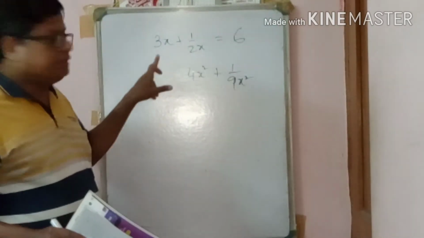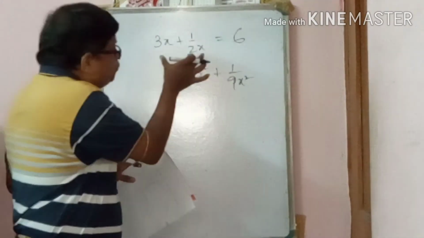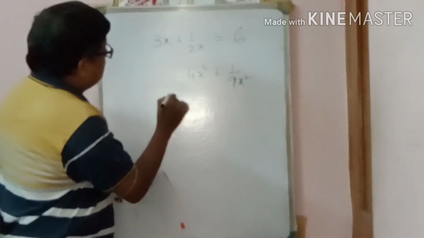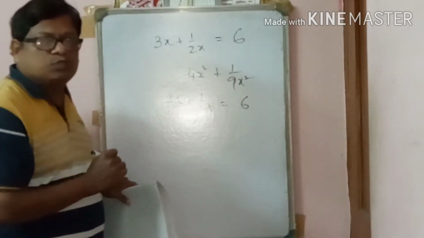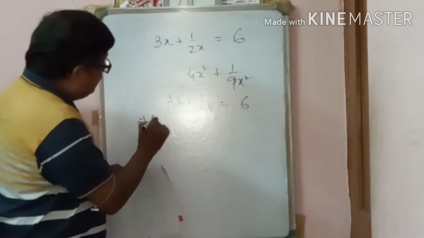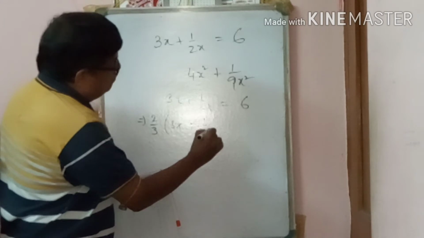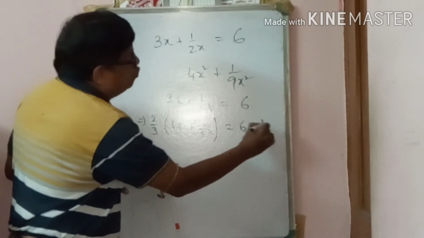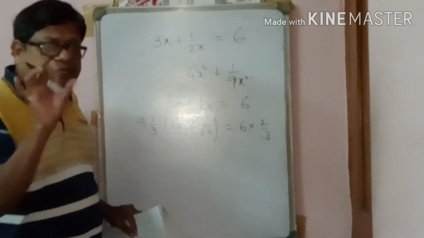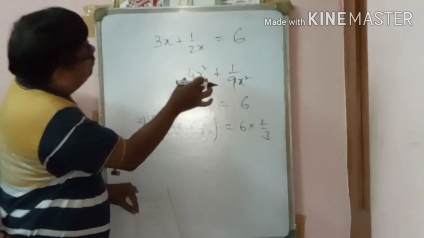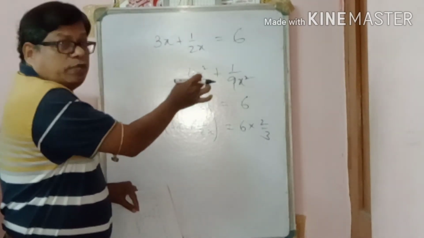See here 3x, 1 by 2x. So you have to multiply it. See, 3x plus 1 by 2x equal to 6 is given. So you multiply by 2 by 3 both the sides: 2 by 3 into (3x plus 1 by 2x) equals 6 into 2 by 3. See, our target is here 4x square, that is 2x whole square.